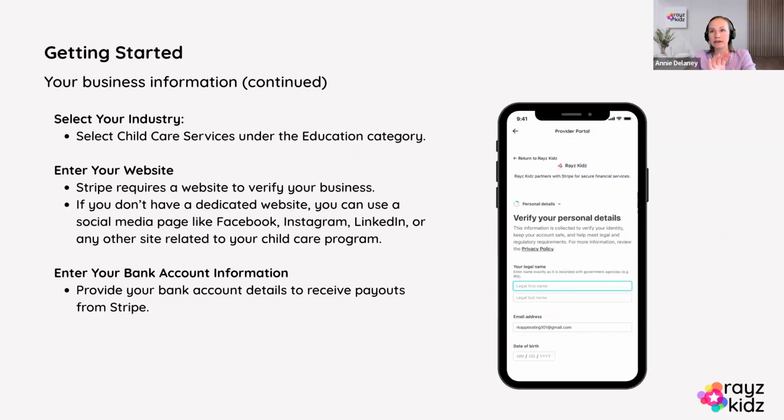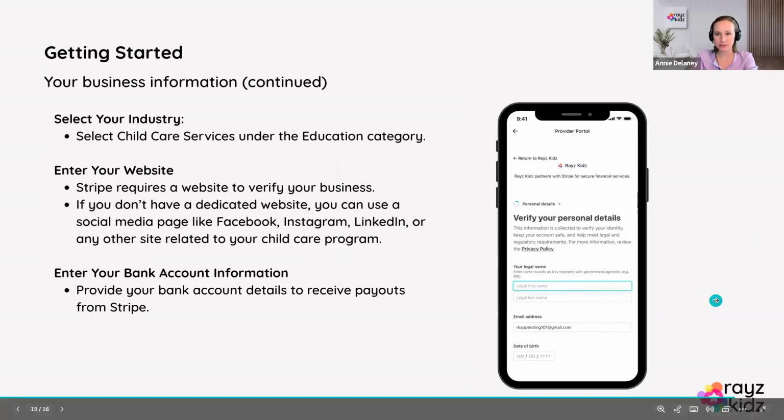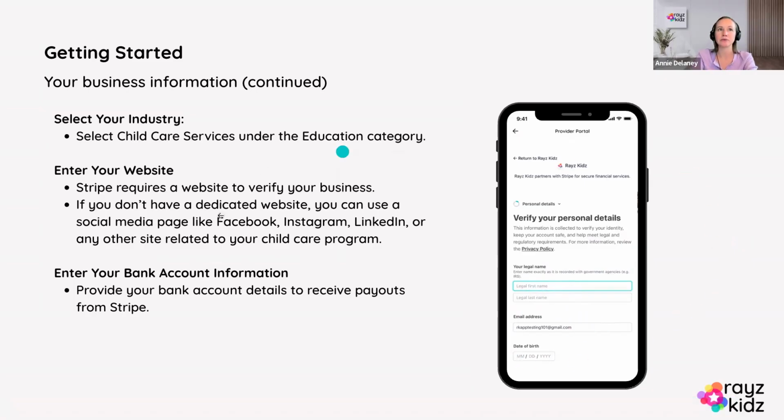Here, you'll put in your legal name, your first name and last name, as well as your email address and your date of birth. These are just verifying some personal information about you. The other pieces they require are your industry. Childcare services is an industry under the education category, and we recommend choosing that. And your website.